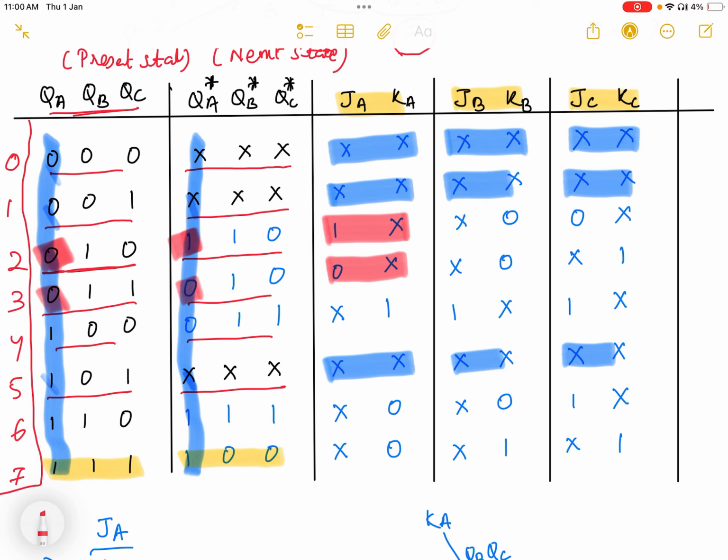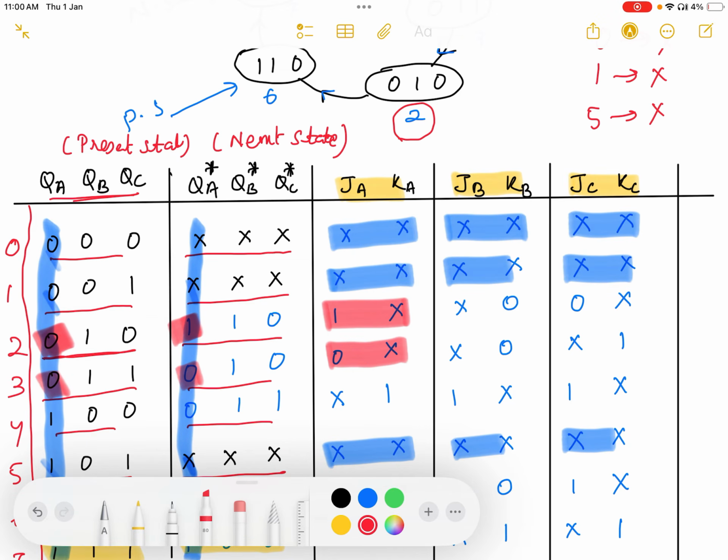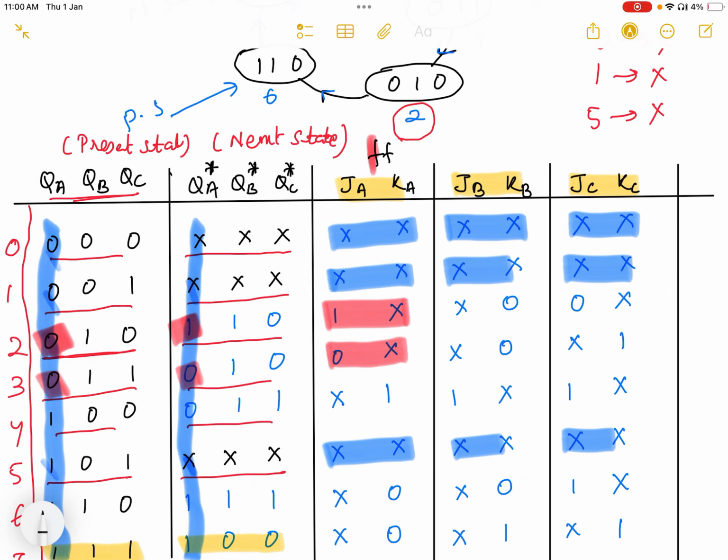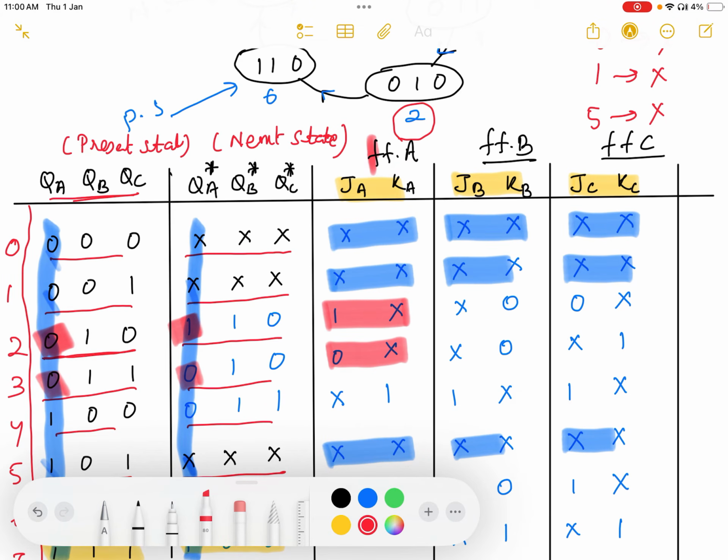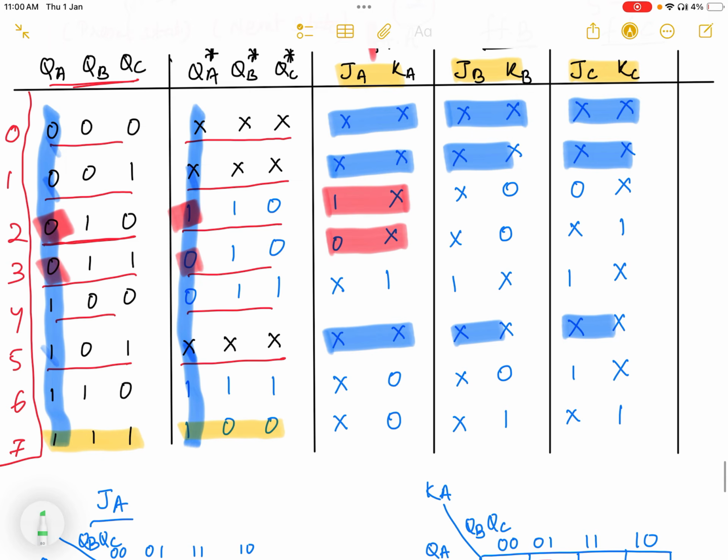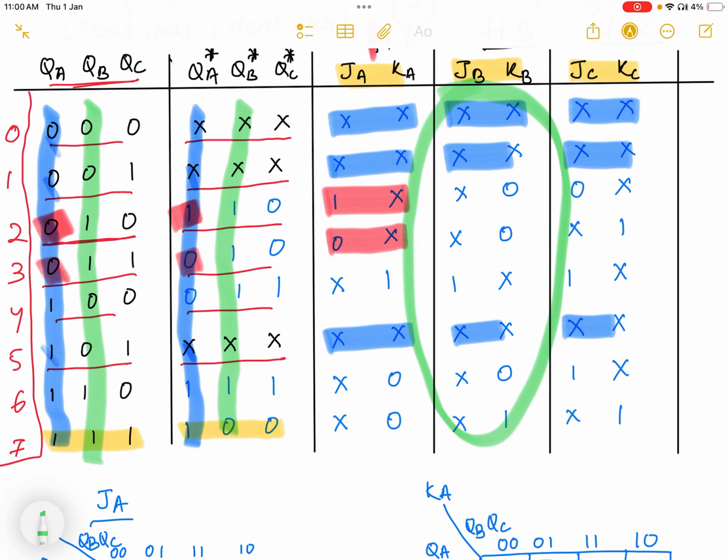Once this is over for flip-flop A, similarly I can write down for flip-flop B and flip-flop C. Next we take QB as the present state and QB star as the next state, and from that we write JB, KB.